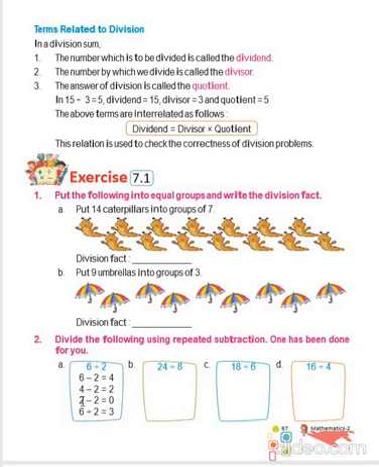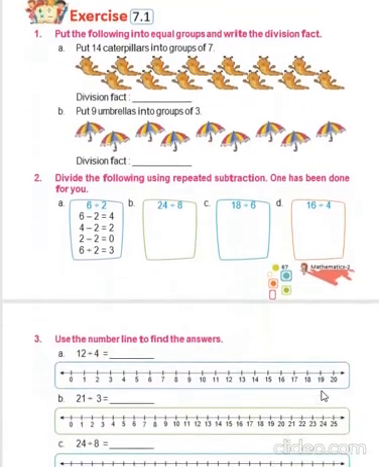Then again this 2 we have to subtract from 2. Finally we get 0. So how many times have we done the subtraction? 1, 2, 3. So 6 divided by 2 is equal to 3. In the same way you have to do this, this and this.